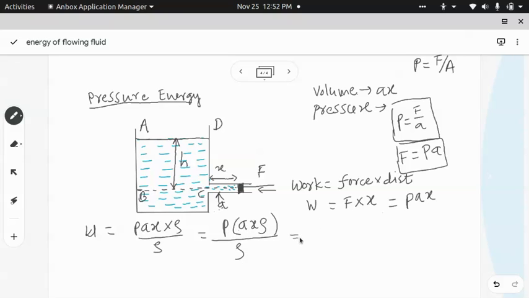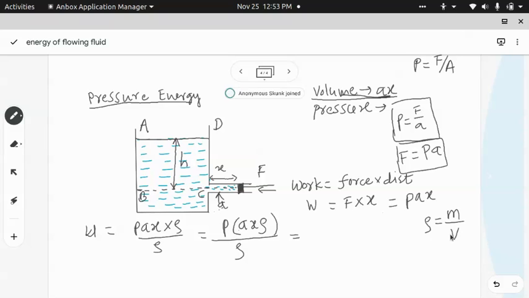But what is A into x? A into x is volume. And what is the expression for density? Density equal to mass upon volume, right?